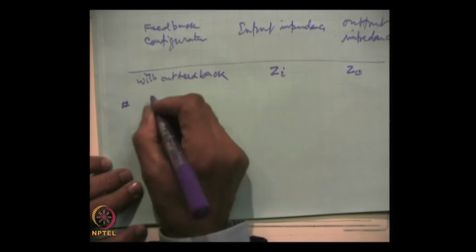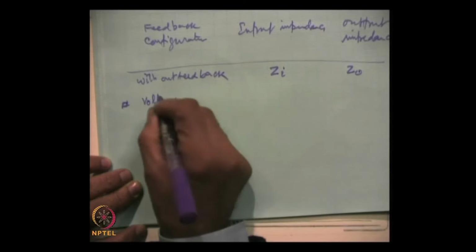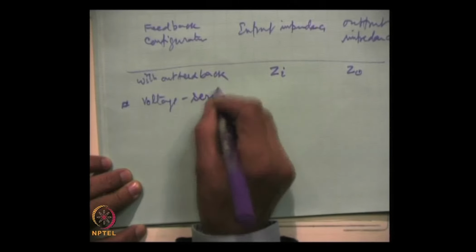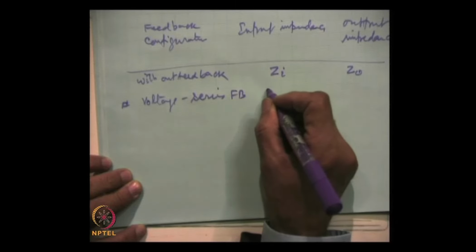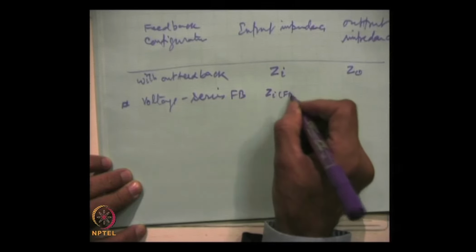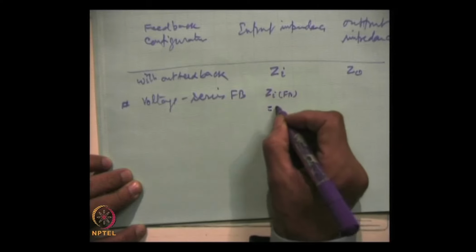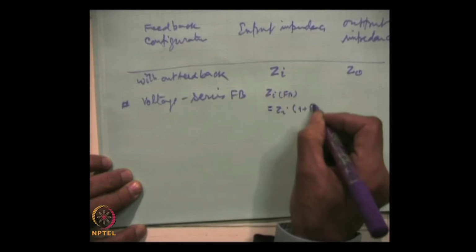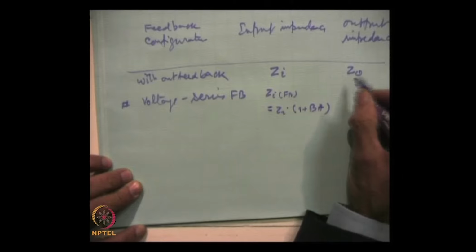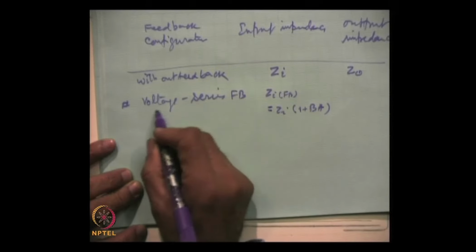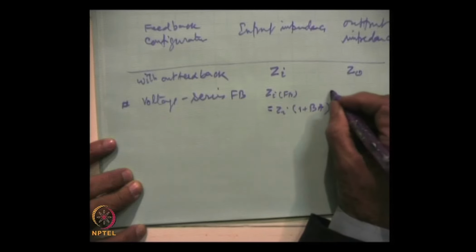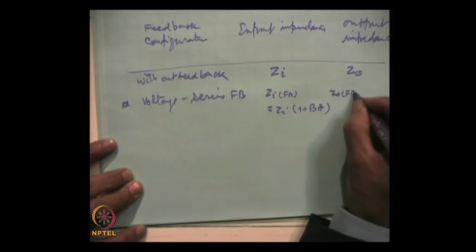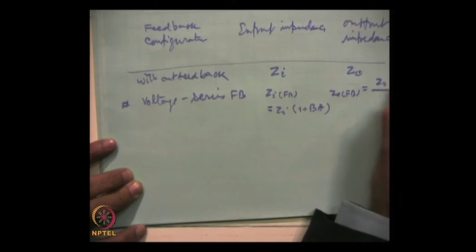In voltage series feedback, this increases to Z I F B equal to Z I into 1 plus B A, and this is reduced because this is actually series shunt. So, at the output is shunt. So, Z 0 F B is equal to Z 0 by 1 plus B A.